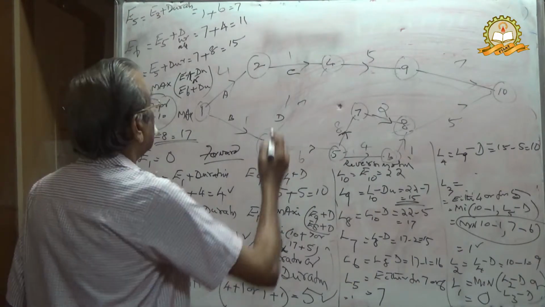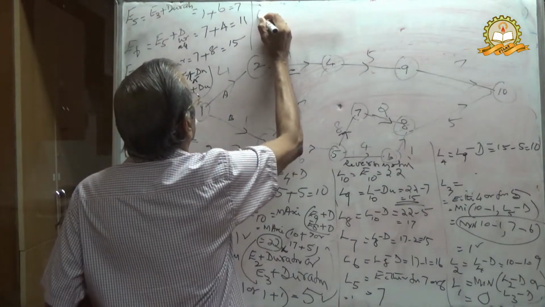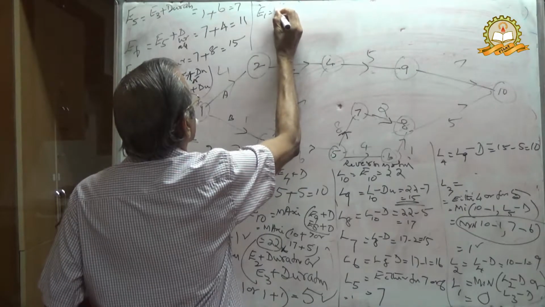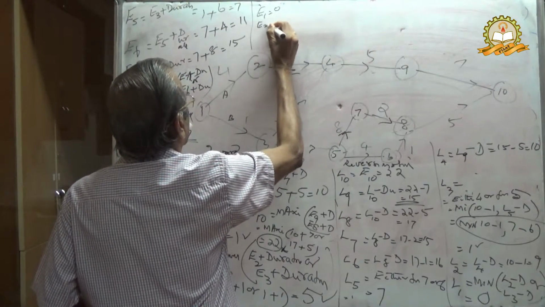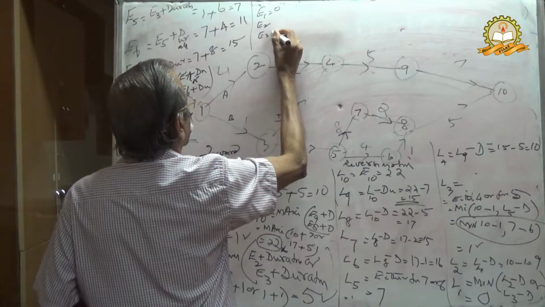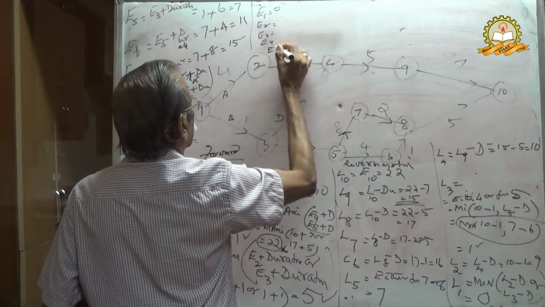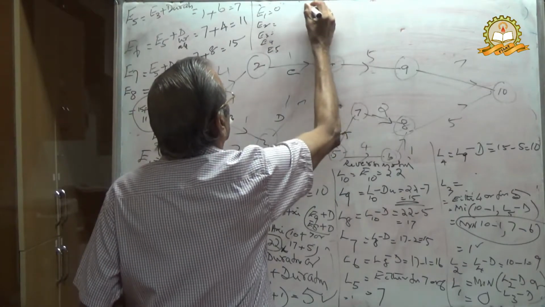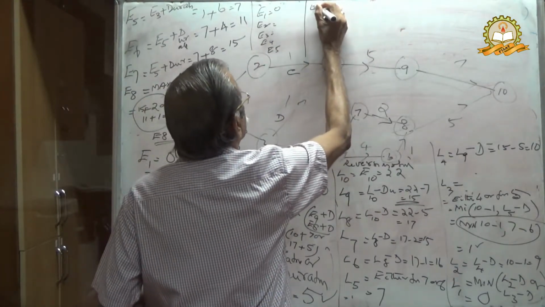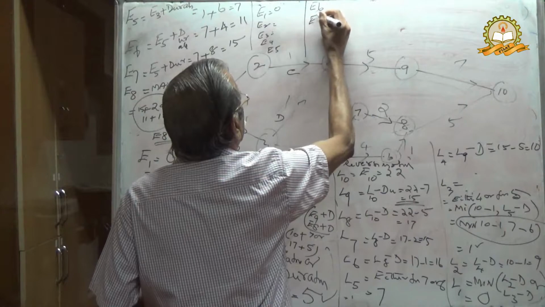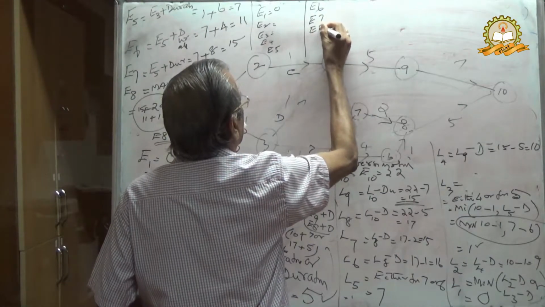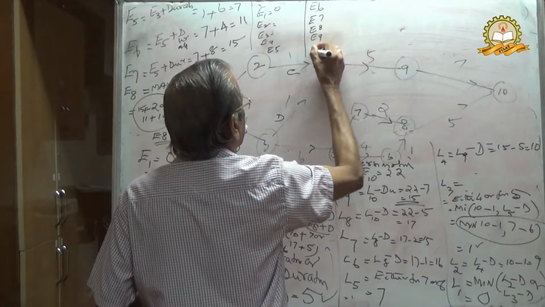Therefore I write separately E1 equal to 0, E2, E3, E4, E5, then you have E6, E7, E8, E9, E10.